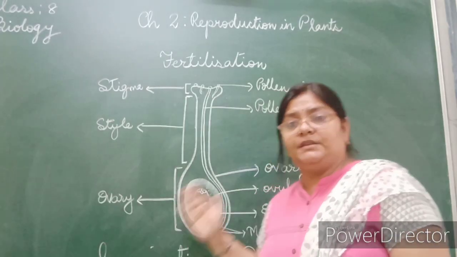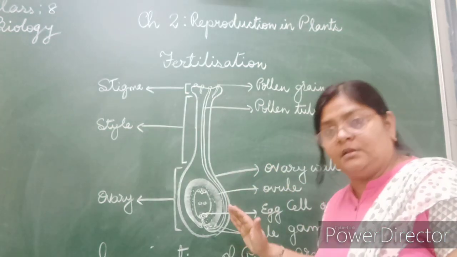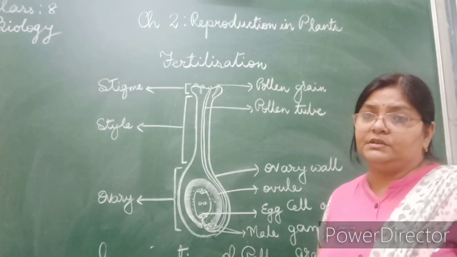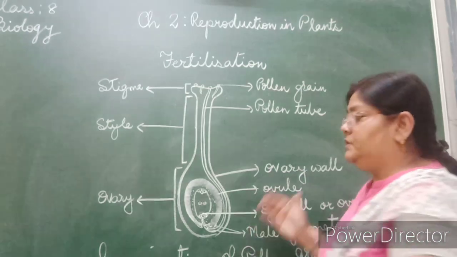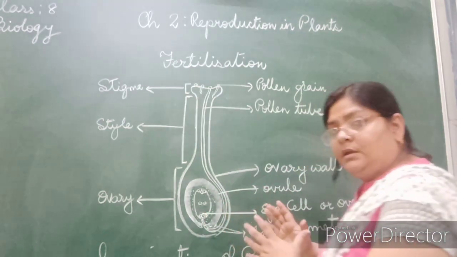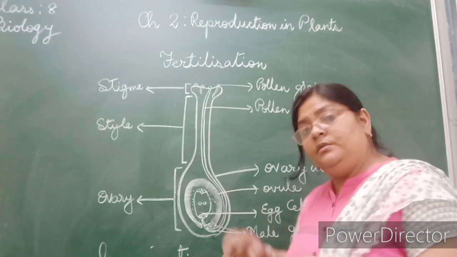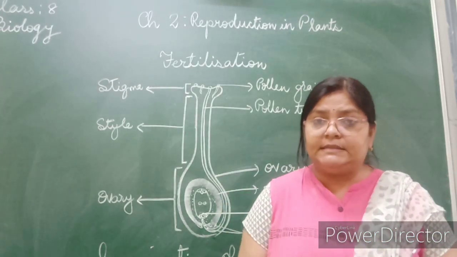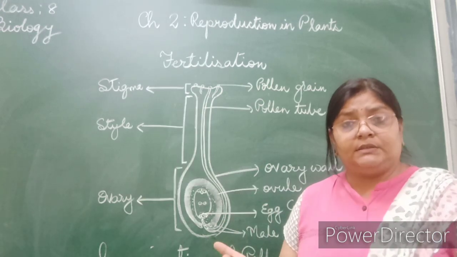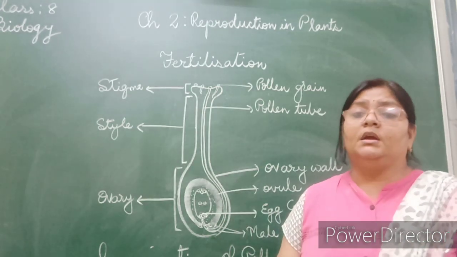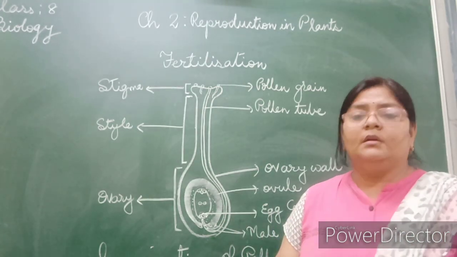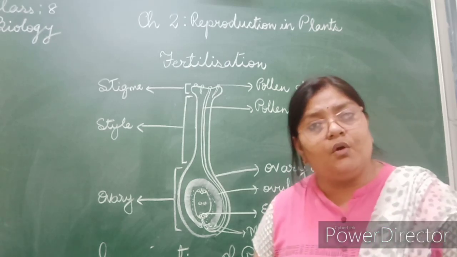After the fertilization is completed, further changes occur. The ovary swells up, ripens and develops into the fruit. The ovule changes into the seed. The other parts, that is the calyx, the corolla, the stamen, dry and fall off.